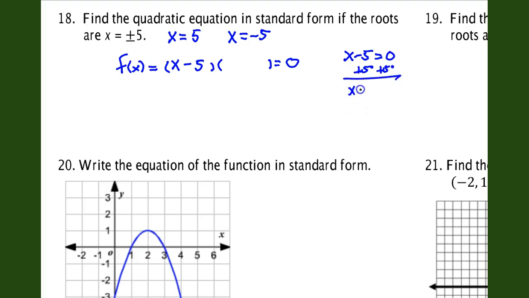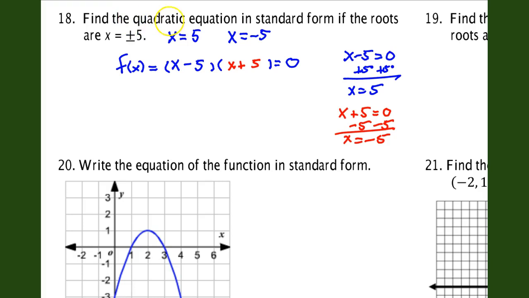And this would work for any values at all. And same thing here, we need an answer of -5, so this would be x plus 5, because x plus 5 equals 0, if you solve, would give you an answer of -5. So we're just doing the same process we normally do, but in reverse.